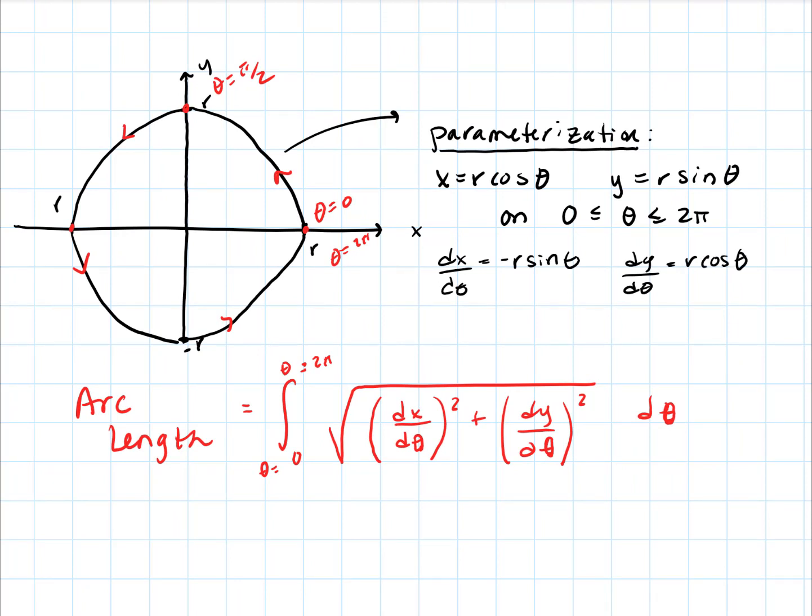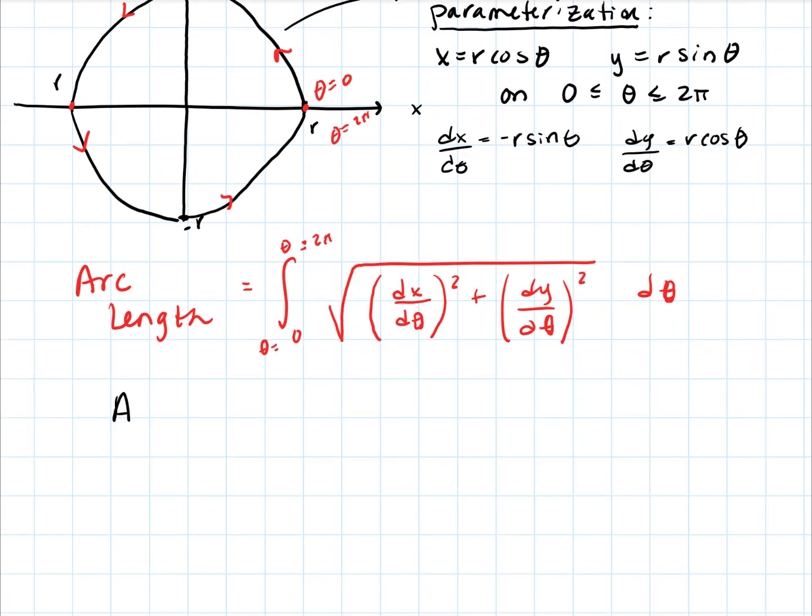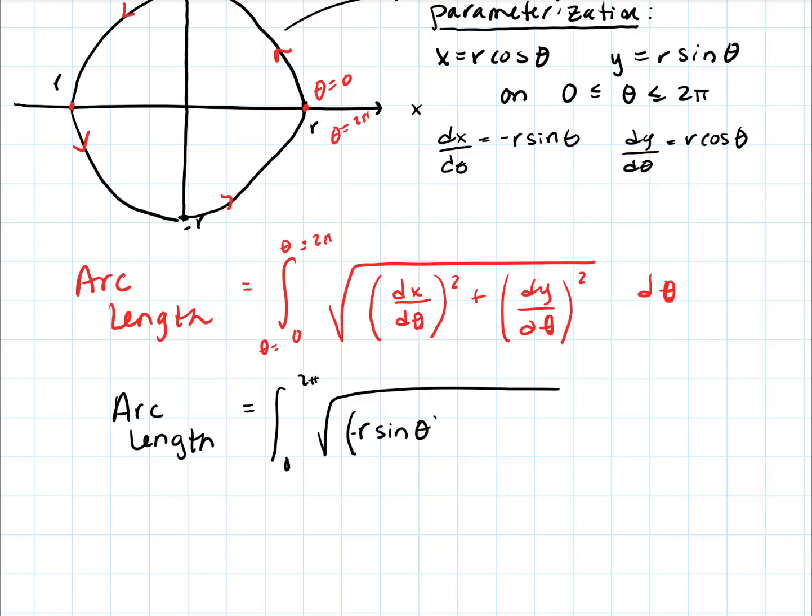Plug those into the formula here, and my arc length is going to be the integral from 0 to 2 pi of the square root of negative r sine of theta squared plus r cosine of theta quantity squared with respect to theta.